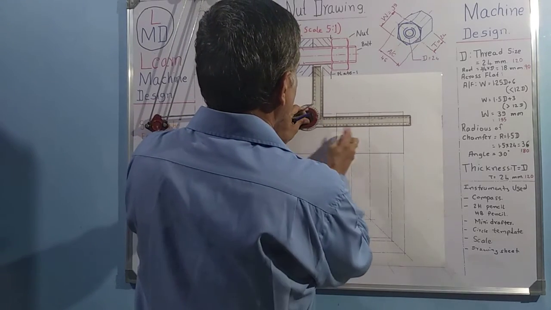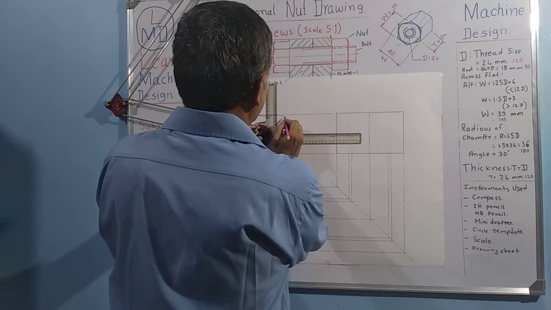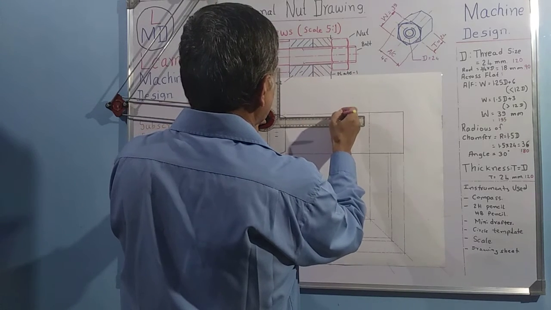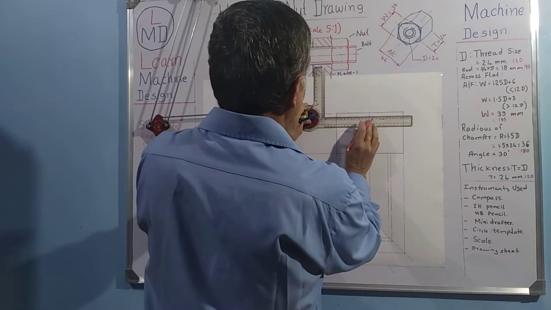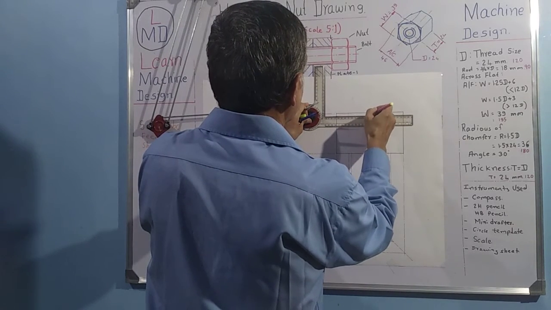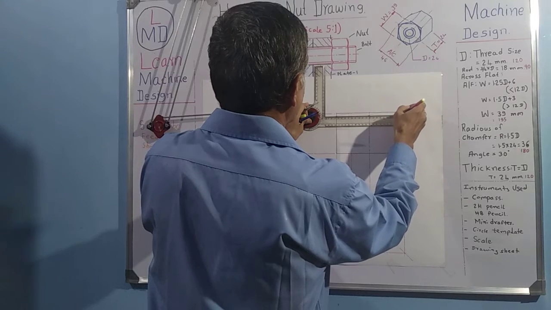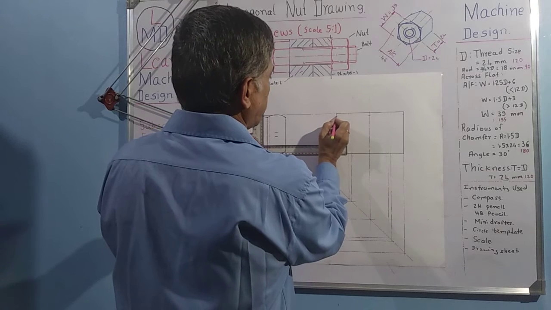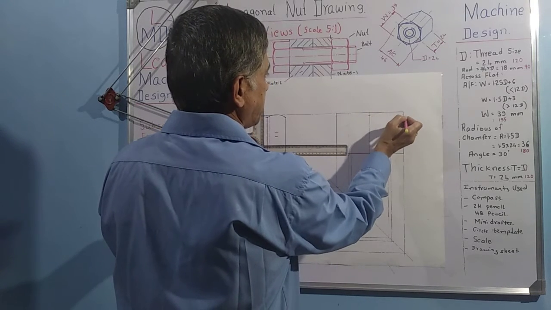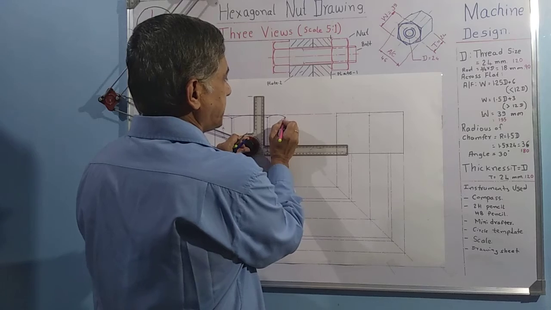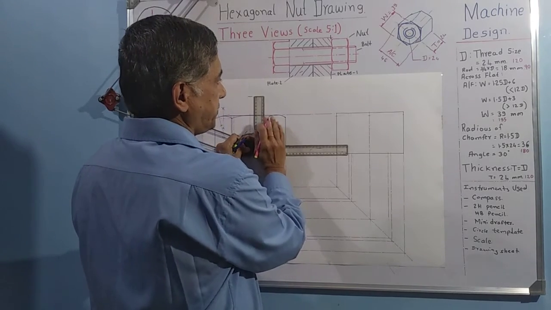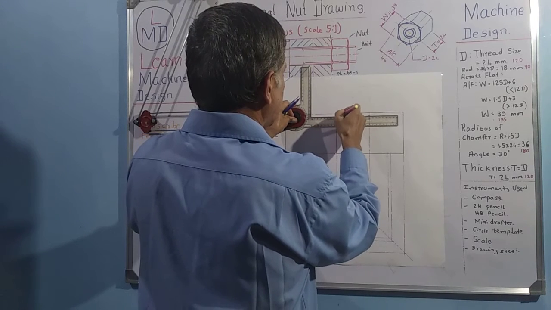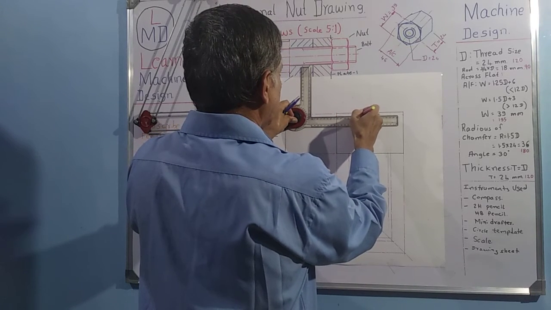We have to take this line should be extended here and up to here. This is the bottom line of the radius, and it is taken from this side view. And we have to write a construction line like this.